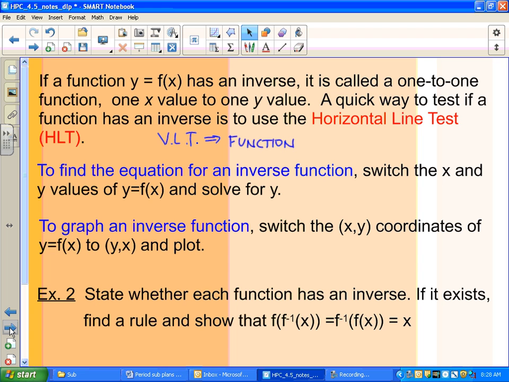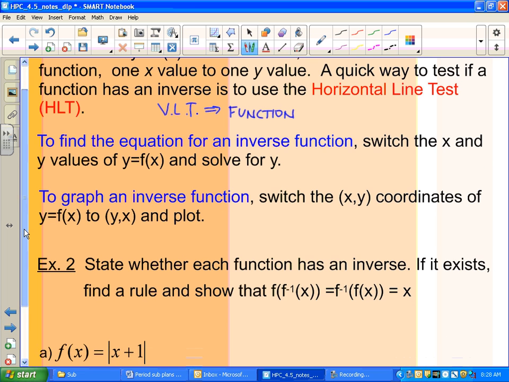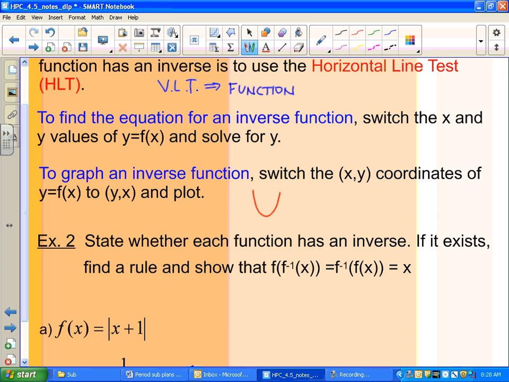and those are the ones that have what we call a restricted domain. Thinking about our parabolas, that's not a one-to-one. If I did a horizontal line test on a parabola, for example, just real quickly, let's just sketch a parabola in here. Horizontal line test on a parabola, it doesn't pass. We hit the function twice. But instead, if I only looked at half of the parabola, now I pass the horizontal line test.